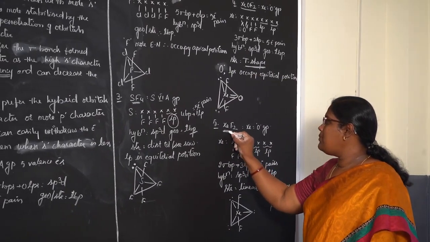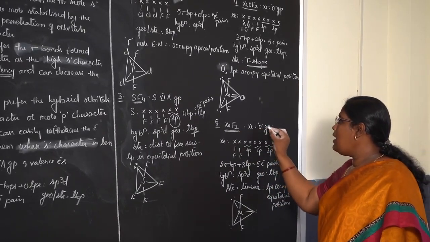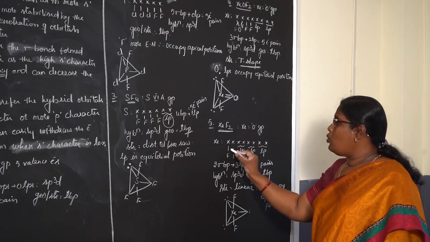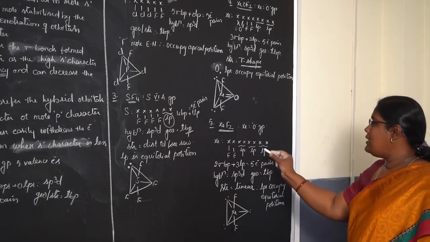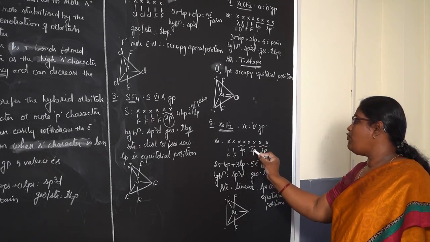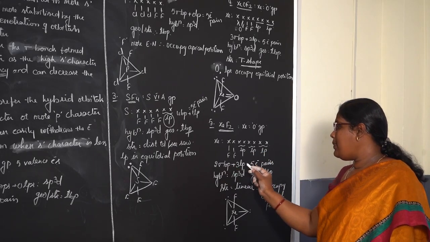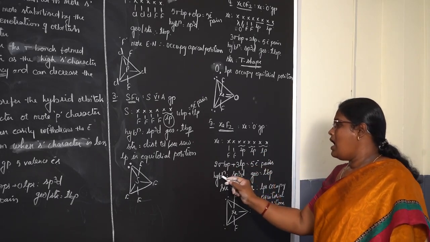And the next example is XeF2. So xenon is 0 group, 8 valence electrons. 2 electrons form sigma bonds with 2 fluorine atoms, and the remaining 6 electrons form 3 lone pairs. So we have 2 bonded pairs, 3 lone pairs, that is 5 electron pairs.